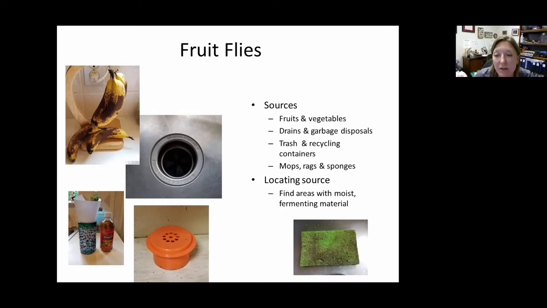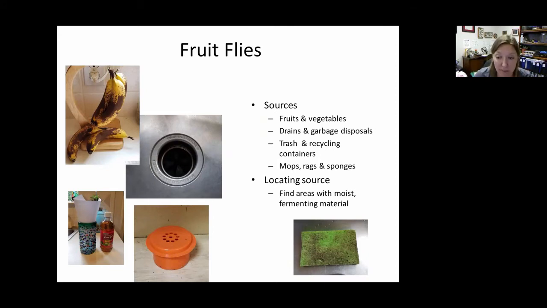And then the other interesting thing is that you can find these a lot of times around mops, rags, or sponges. If they're kind of moist and they have some debris on there, then they can be hovering around those areas as well.